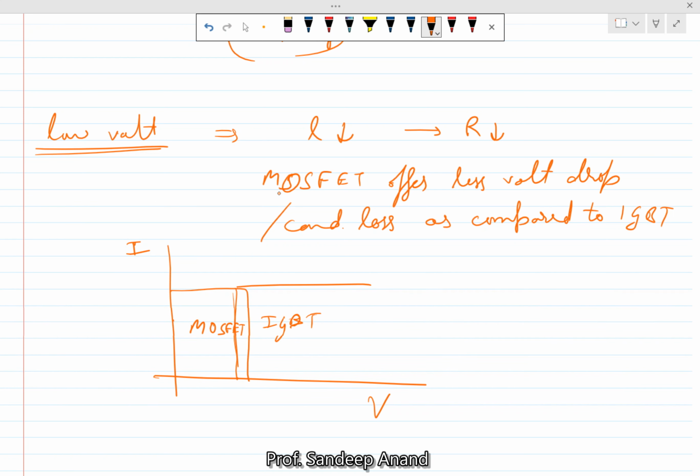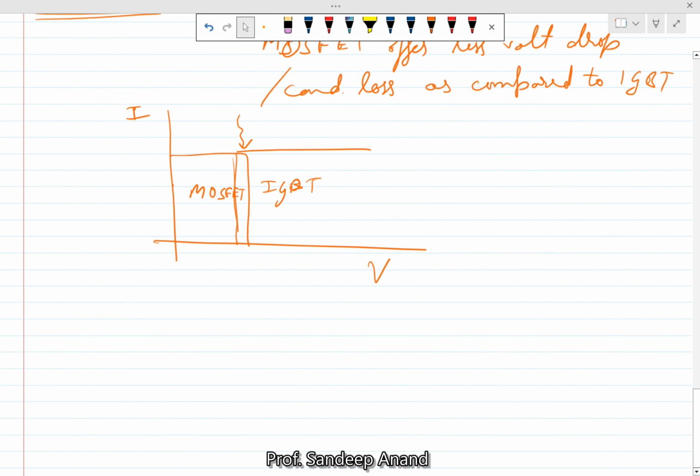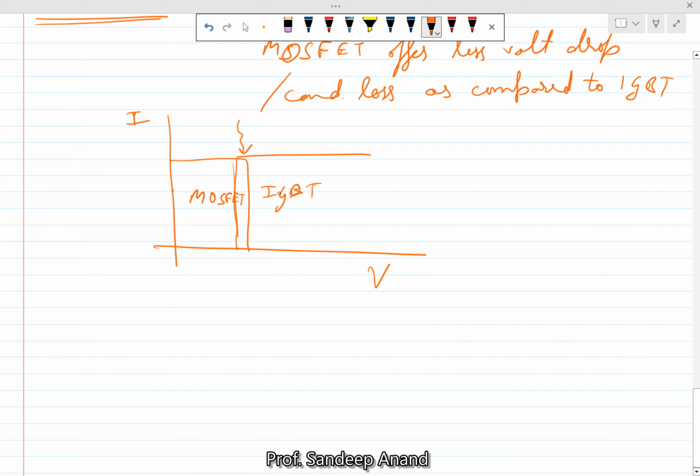Of course, there could be a small region of overlap as well. Practically, this boundary is somewhere around 600 volt. So below 600 volt, you would see MOSFETs being popular. Above 600 volt, IGBTs being popular because in their respective regions they give smaller conduction losses.